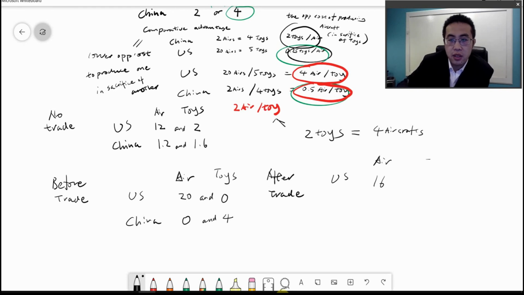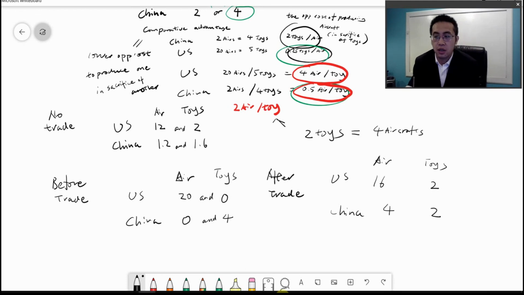And for the U.S., the toys they would receive are two toys. And for China, they will receive four aircraft and they give up two toys. They originally produced four toys, now they have two left. So that's the product allocation after trade.